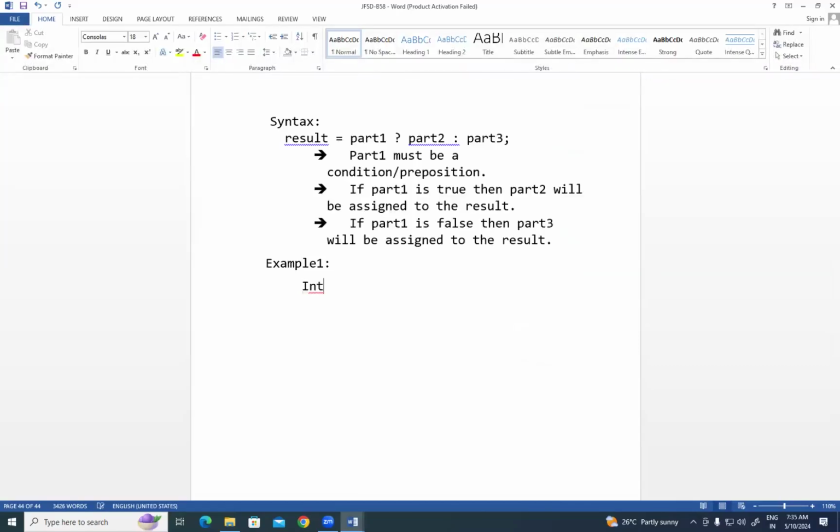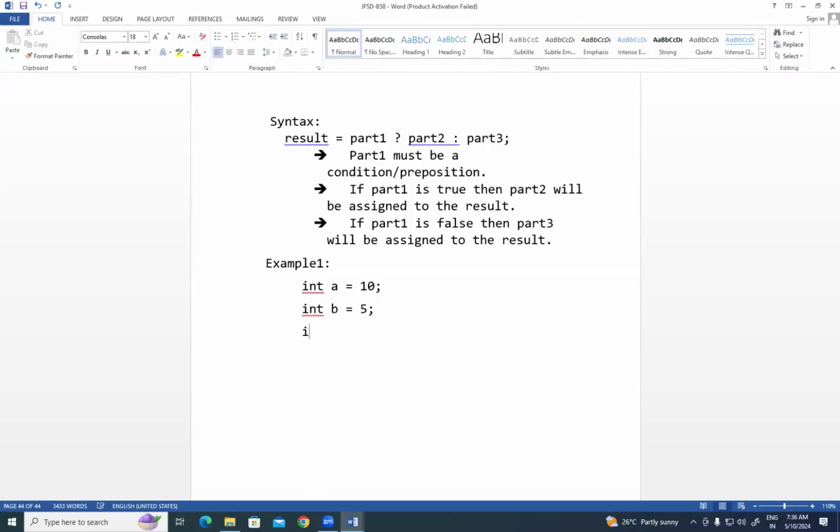I have a variable int a equals to 10, int b equals to, let's say, 5.